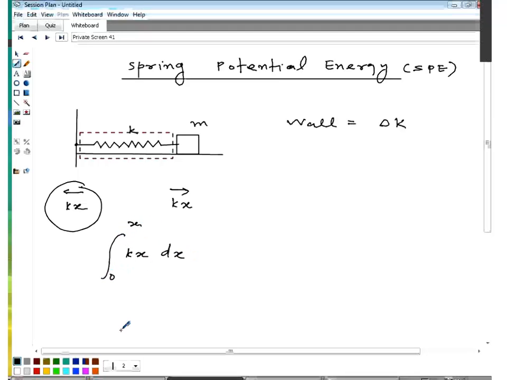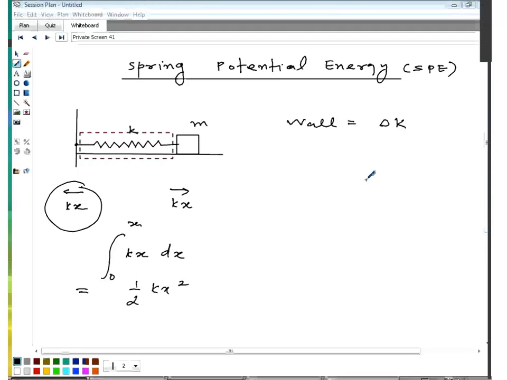This much. Half kx square, right? This half kx square is positive. Force is acting on the right side, displacement is on the right side.